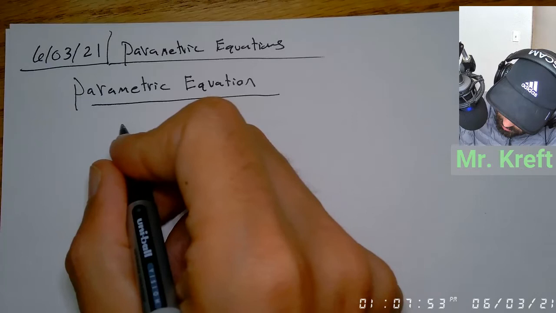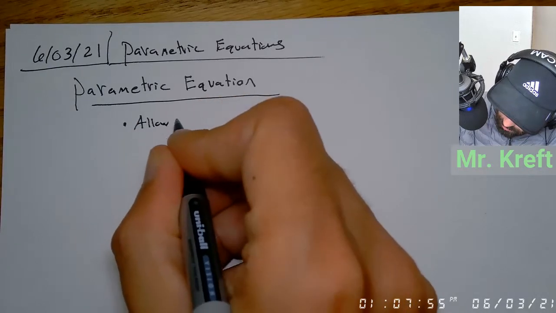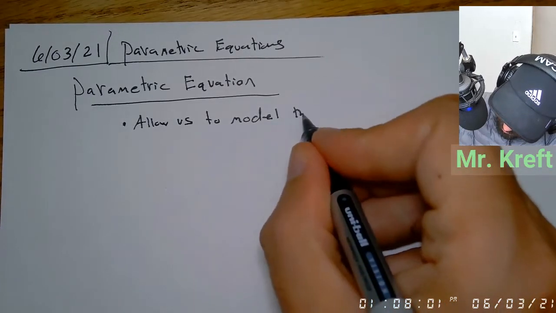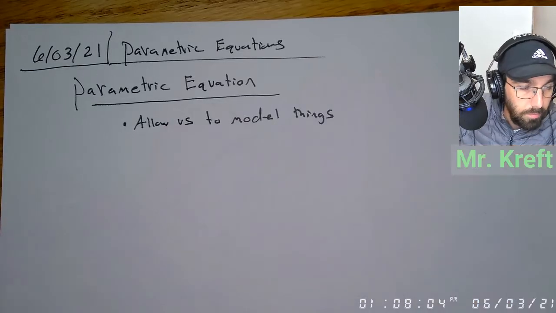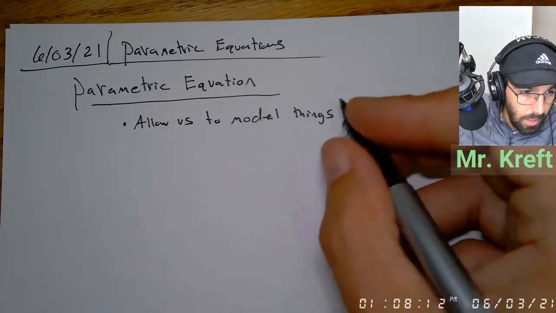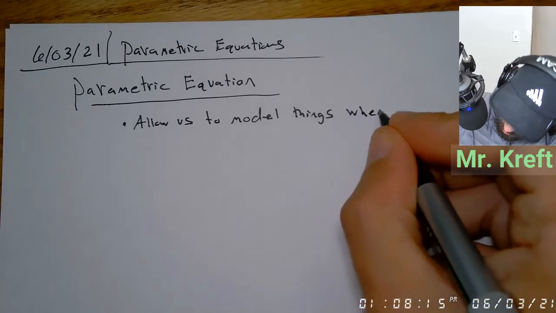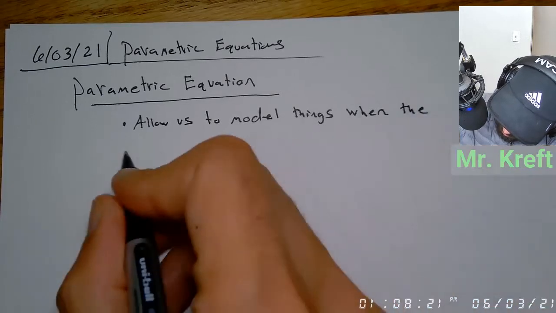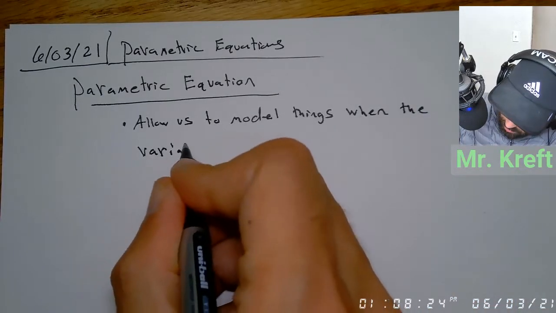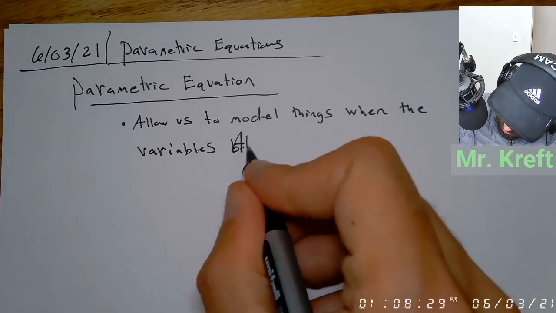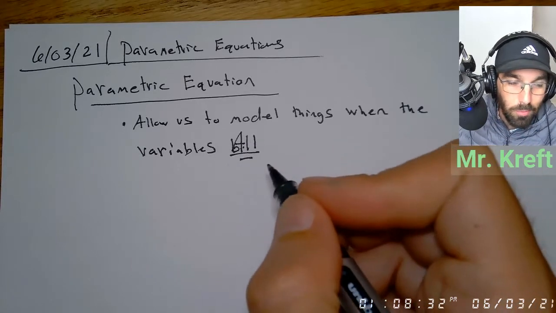So it allows us to model things when the variables, I'm just going to say when the variables both change, or I should say all change, right? Because you can have more than two.